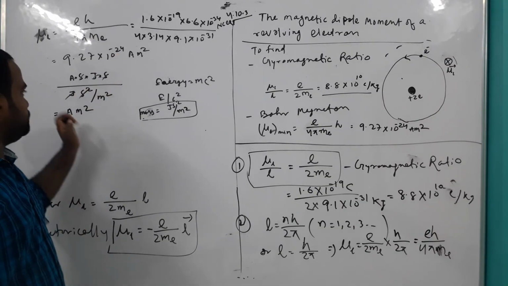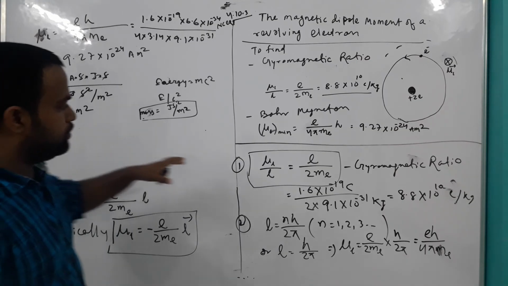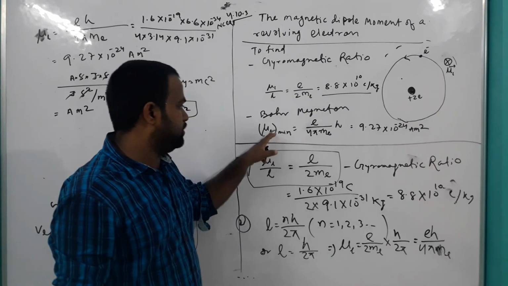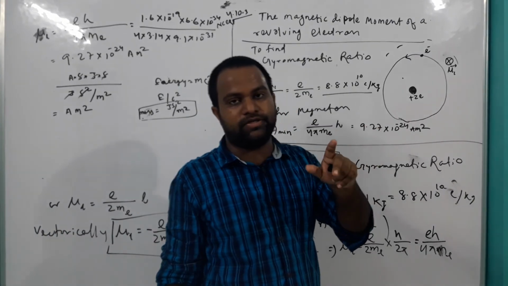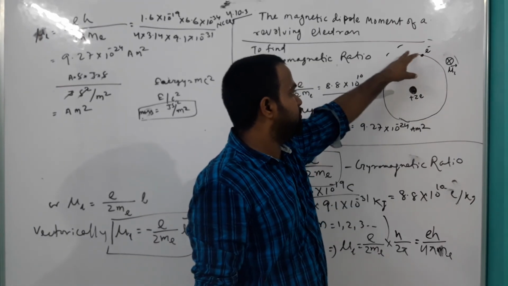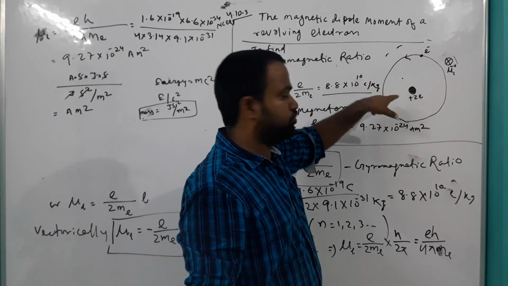Okay. Now another thing I will say, why this is mu L, not another symbol. L we have taken because we are calculating the orbital magnetic moment due to the orbital motion.